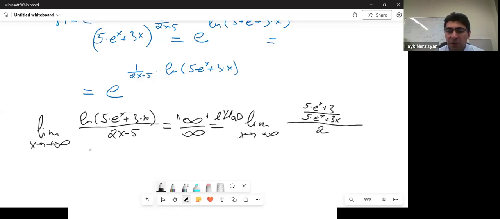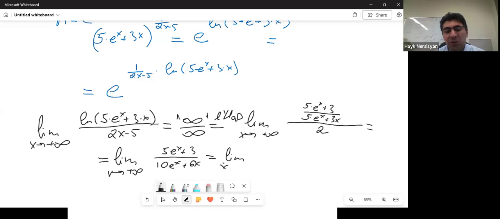After shuffling a bit, we get the limit as x goes to plus infinity of 5 exponential x plus 3 divided by 10 exponential x plus 6x.